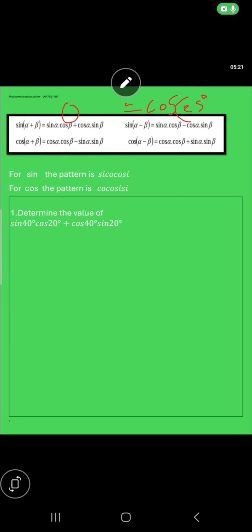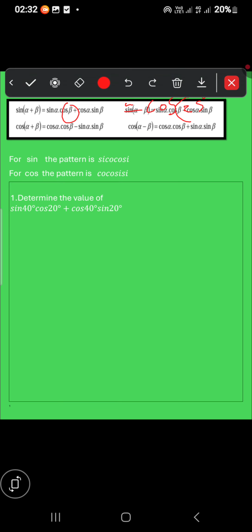So for the cos identity, if you are subtracting the trig ratios, it means inside you are adding them. That's how cos works. When you are adding inside, first angle plus second angle, outside you are subtracting them.